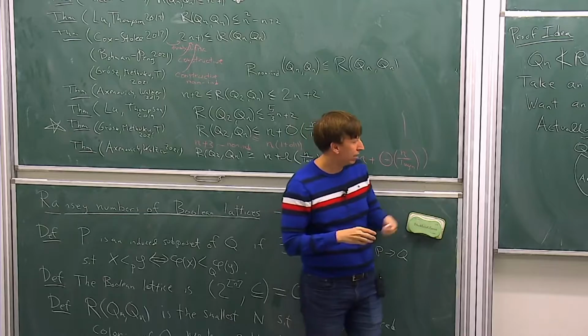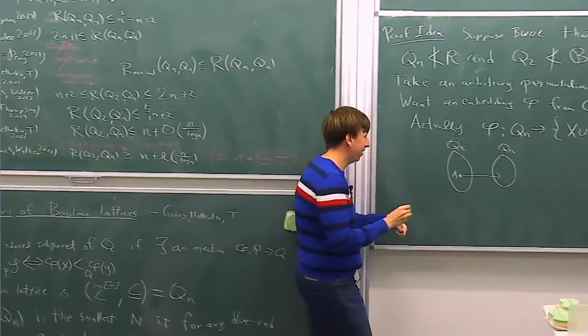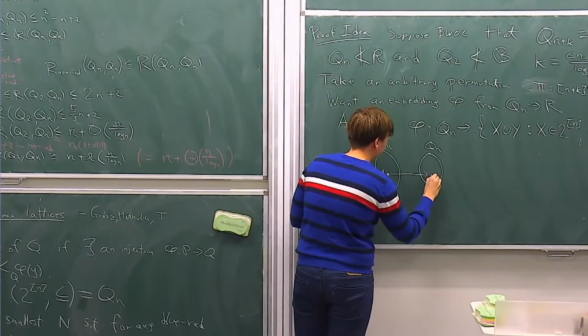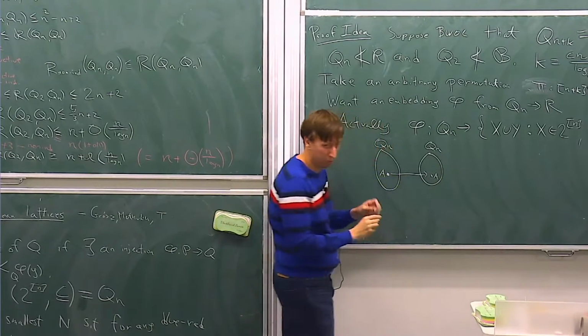So we try to send it to A, again over here. So we start out by trying to map it to itself, more or less.